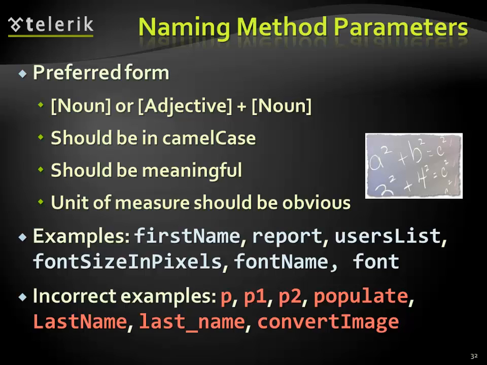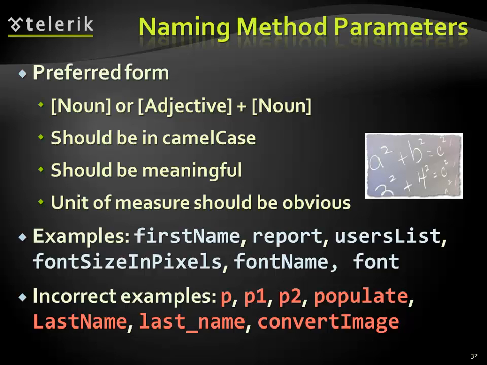So the names should always be meaningful, and that applies to any type of naming. And because the variables are local to the method, the parameters of a method are always local variables, they are named in camel case. Here are a few examples, like first name starting with a lowercase letter, report, user list, font size in pixels, font name, and just font as a variable instance of class font, let's say, or a structure font.